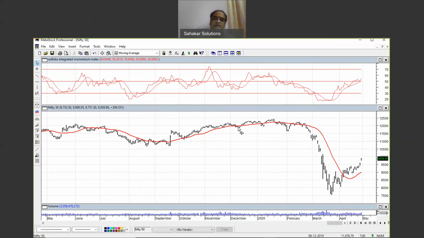Here the price came out of the moving average line, so we have to exit the position. When again the price goes above the moving average line, we have to enter again.